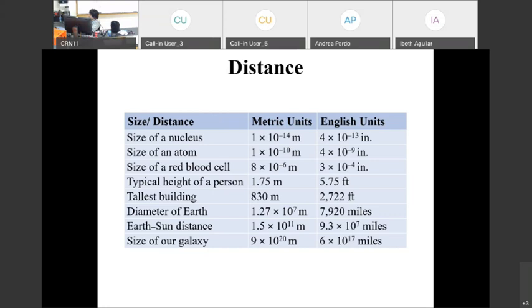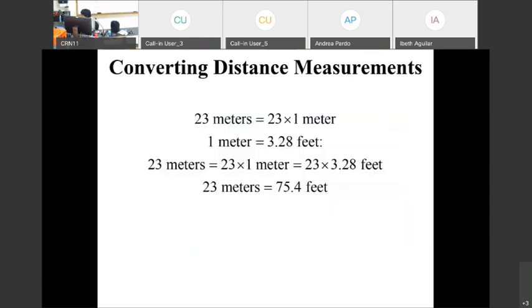For the size of our galaxy, we don't use astronomical units. We use light years or parsecs. So as we go into higher dimensions, we start introducing other units, depending on the distances. The same happens with time, with area, with volume, and all that.